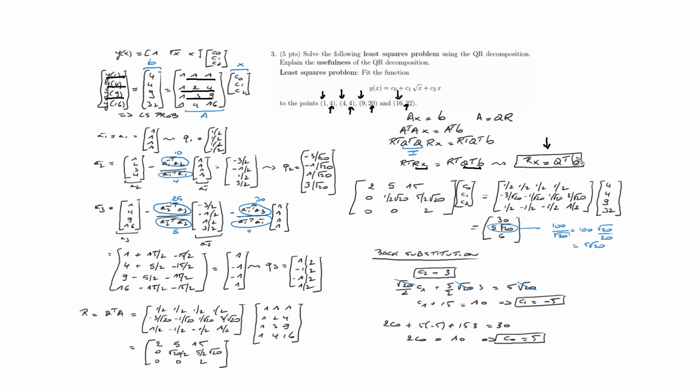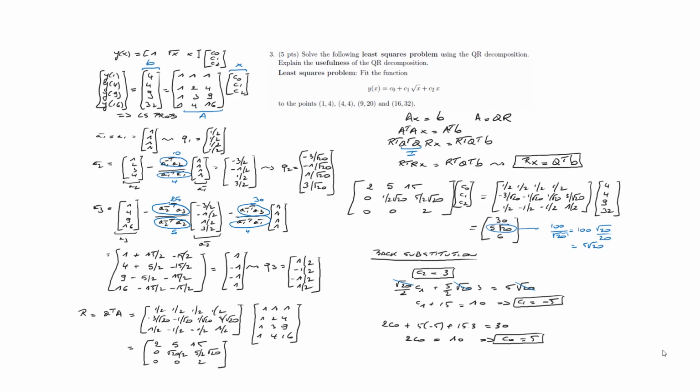So once you have done your QR decomposition, the only thing that you have to compute is Q transpose b, and you obtain a system of equations that is ready for back substitution because R is in its upper triangular form.